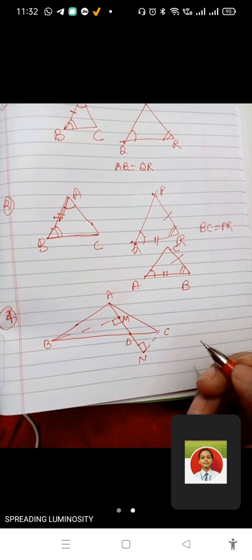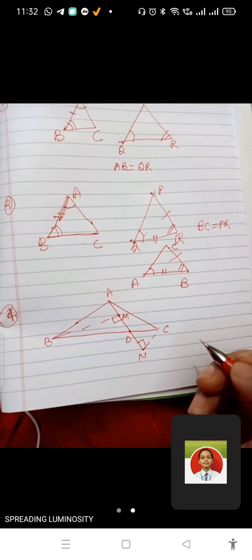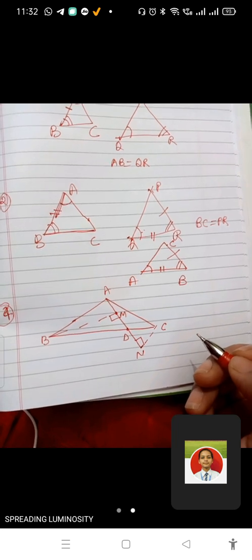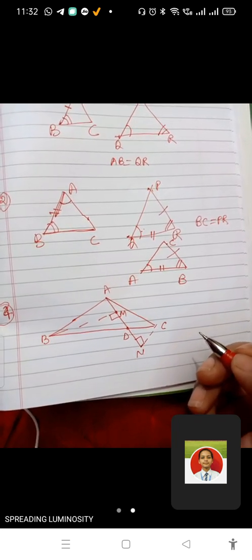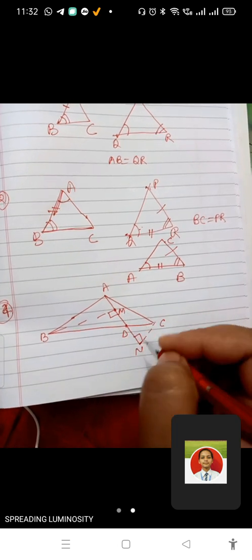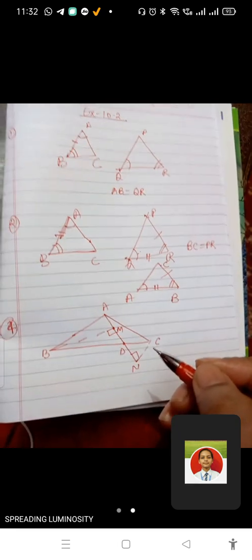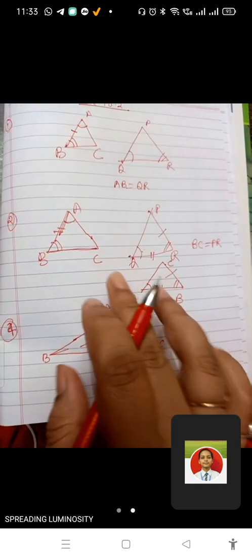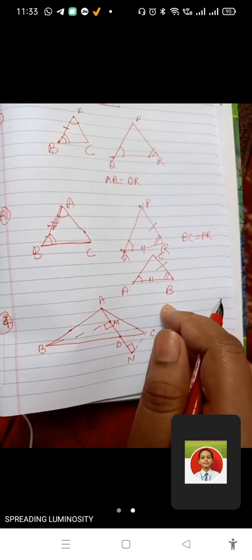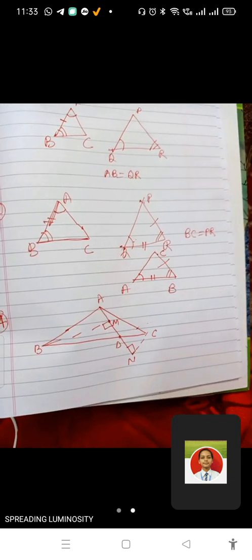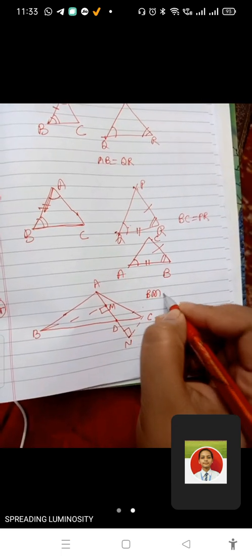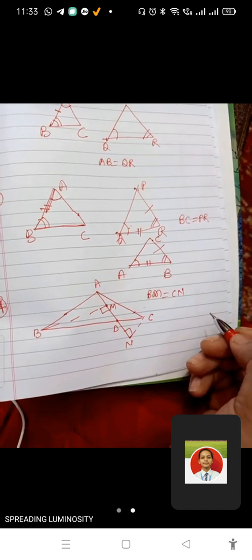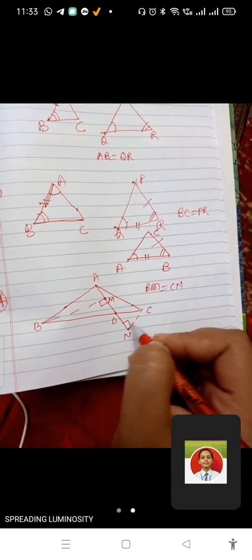In the adjoining figure, AD is the median of triangle ABC, and BM and CN are perpendiculars drawn from B and C respectively on AD. We have to prove that BM is equal to CN.